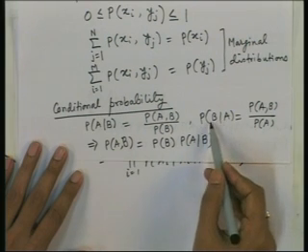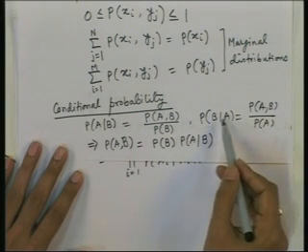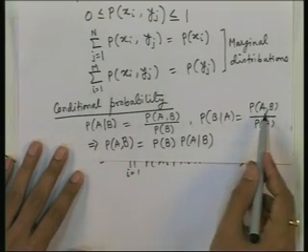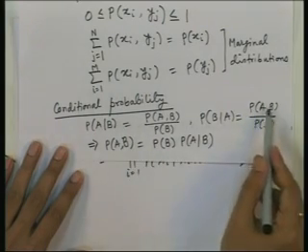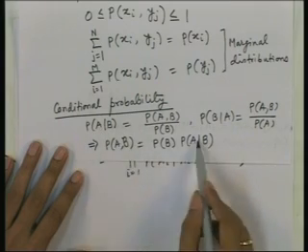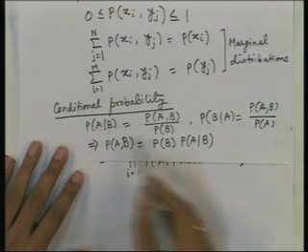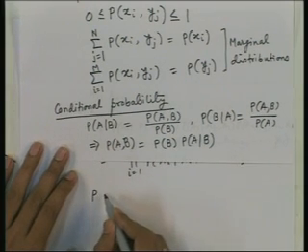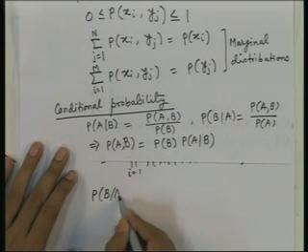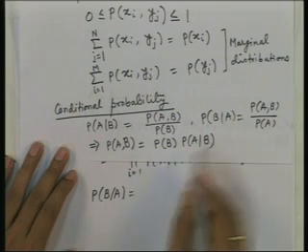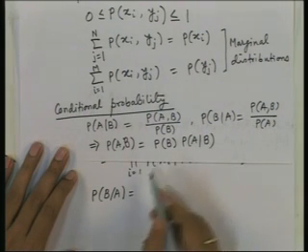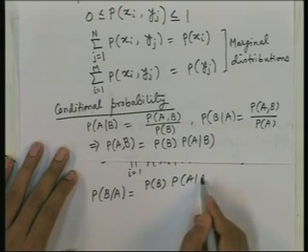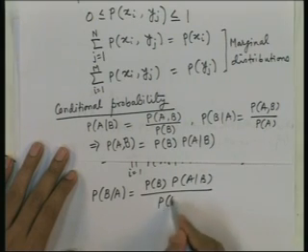So, what is the way to compute probability of B given A from probability of A given B? In this expression this does not appear, but then this one can be expressed in terms of this. Here is how it can be expressed. So, we can write probability of B given A as probability of A B, that is this, probability of B times probability of A given B, by probability of A.